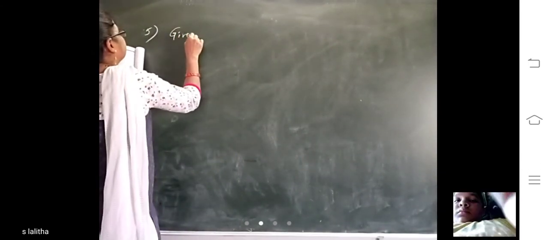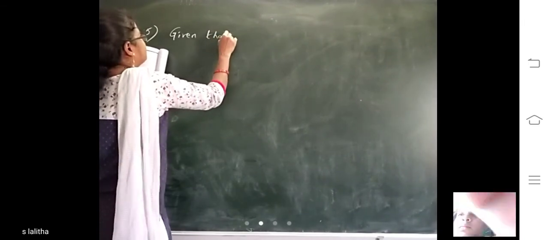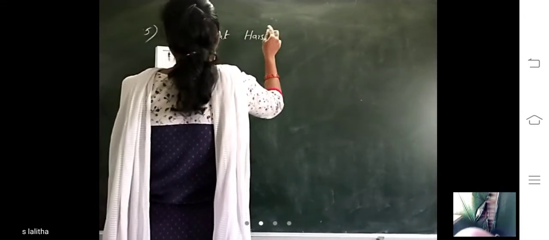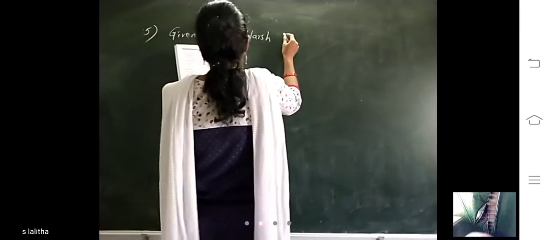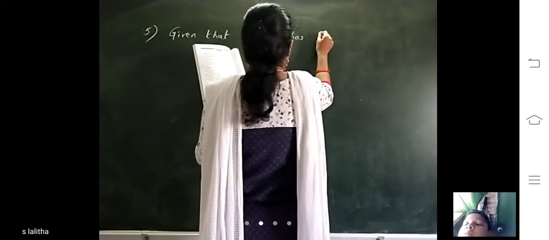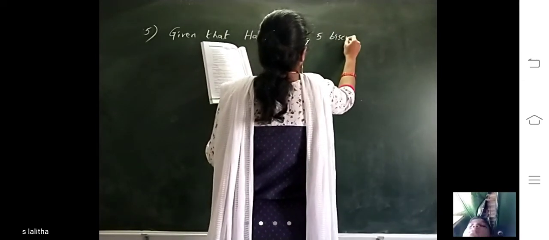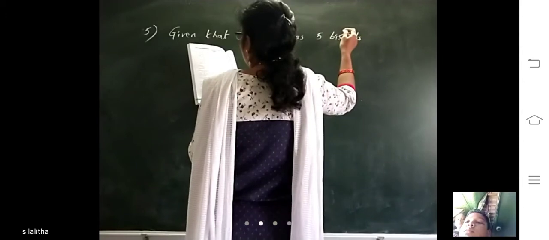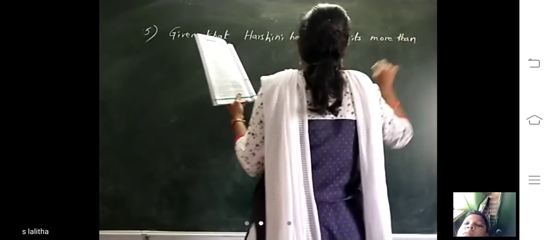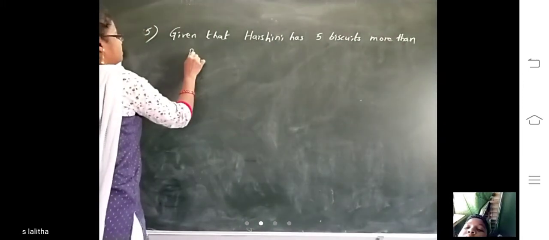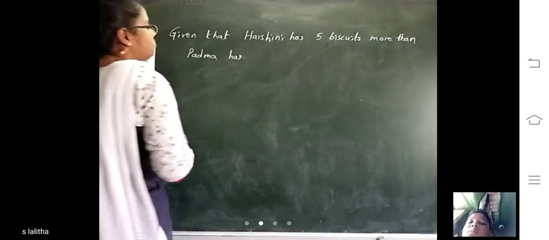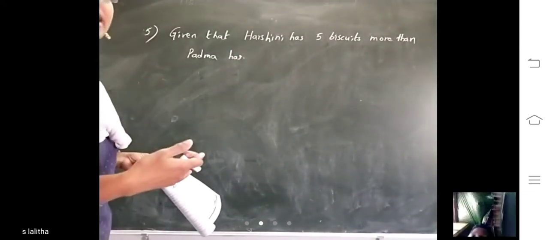Given that Harshini has 5 biscuits more than Padma has.